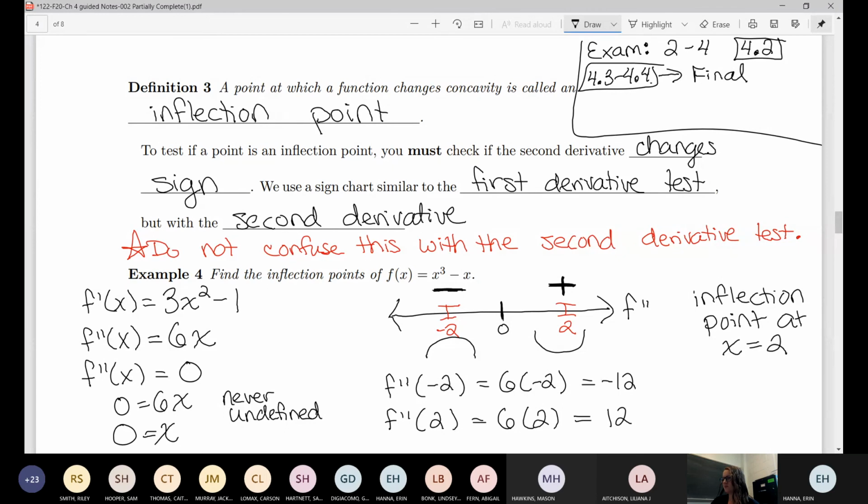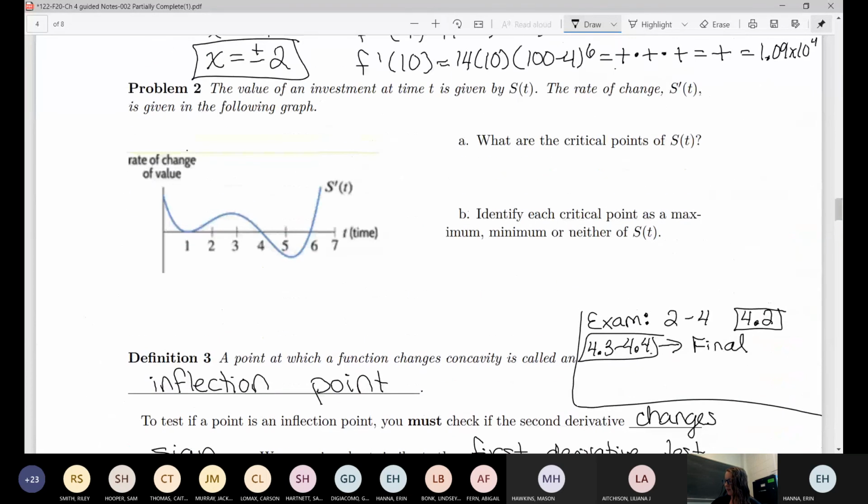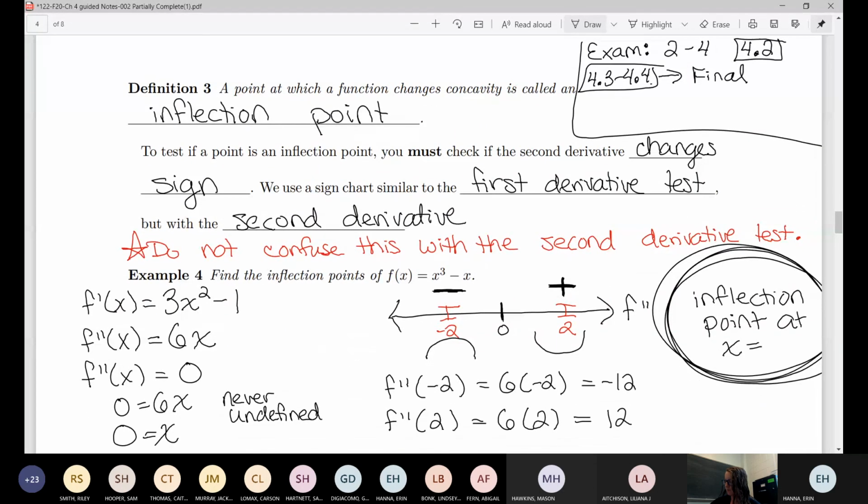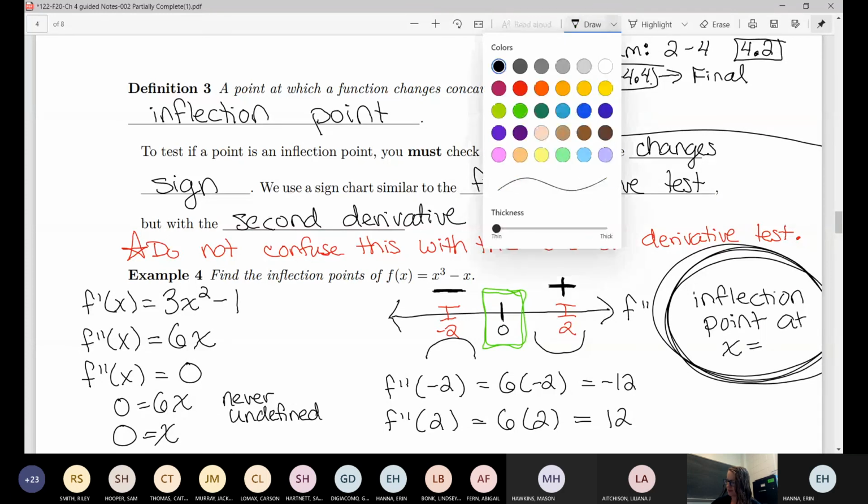Oh my God, inflection point. I butchered that. Holy bananas. It was at 0, not at 2.